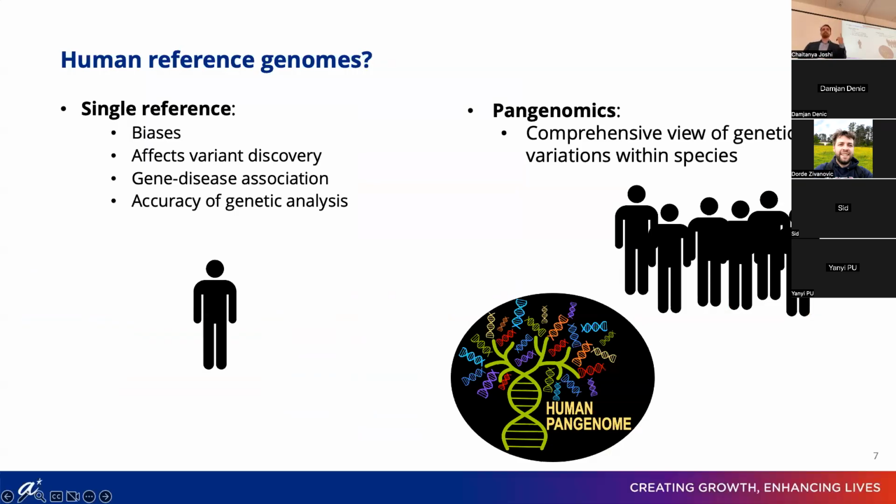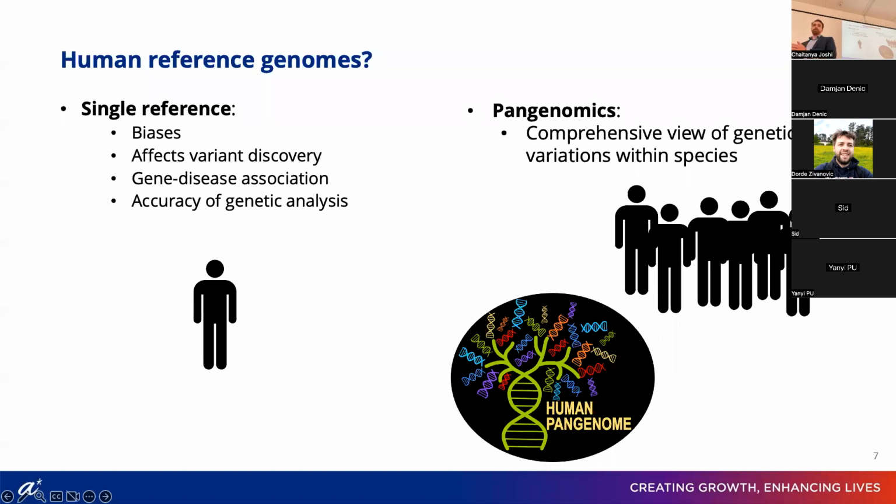Why? Because this is just a single reference, which does not entirely correctly represent the entire human species, like every single person on the planet. There are inherently some biases in the genome, which then affect variant discovery, discovery of genetic diseases, and accuracy of analysis.